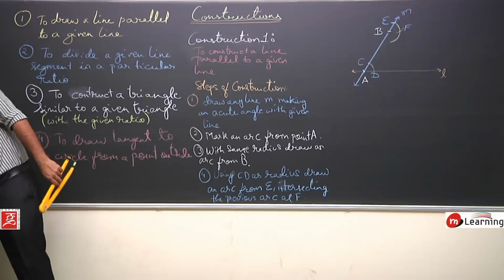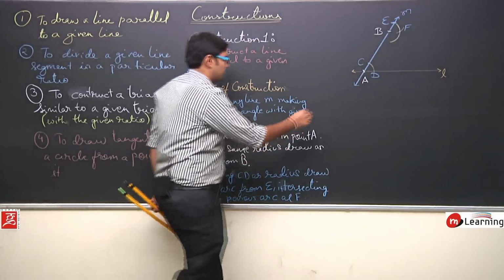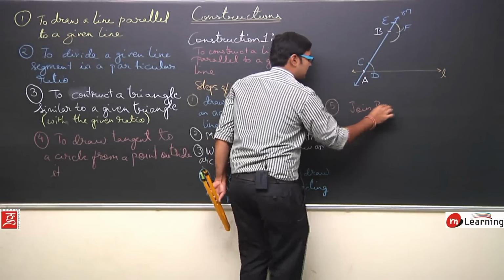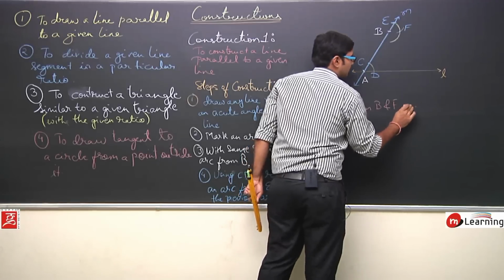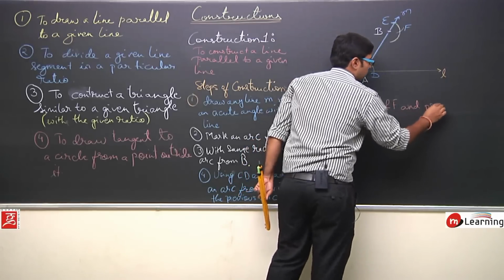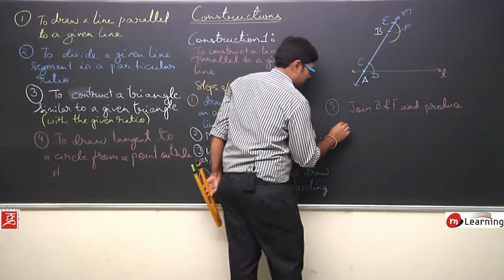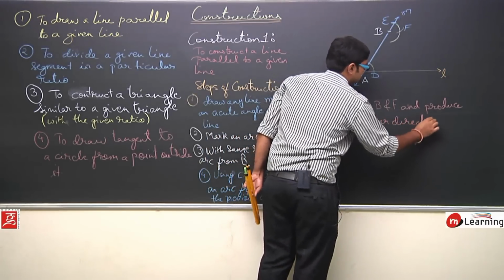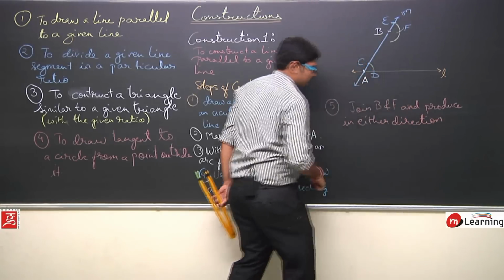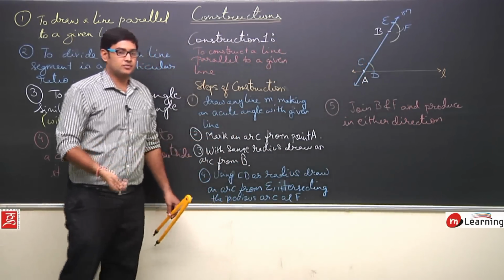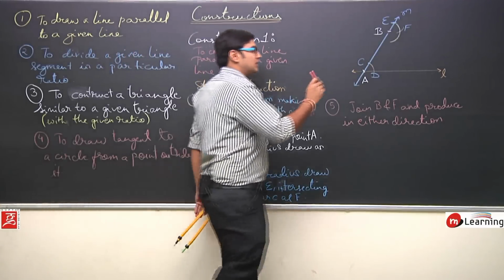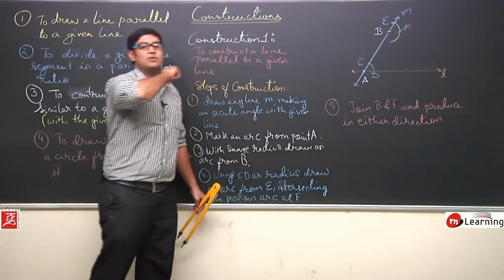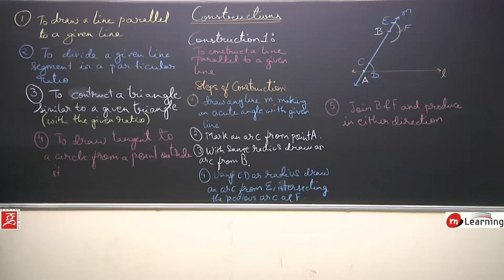Now what is the fifth step? The fifth step will be, join B and F and produce in either direction, or produce in both directions. So the fifth step is, the point F which we determined and the point B, join these two points and produce this line.